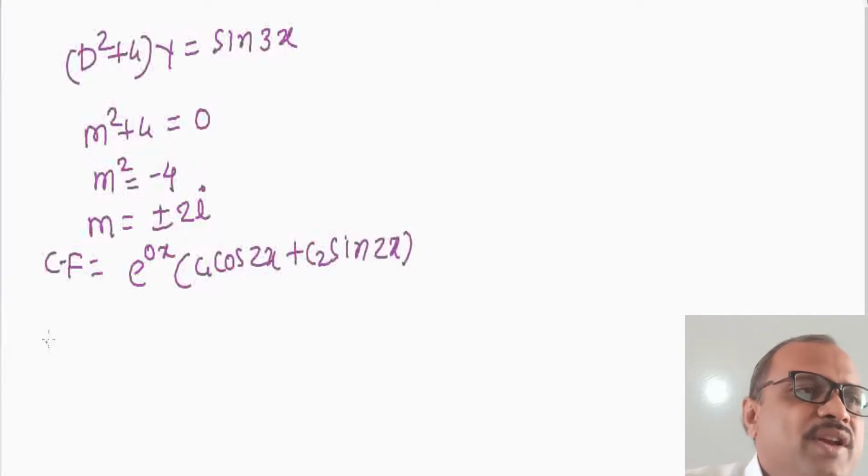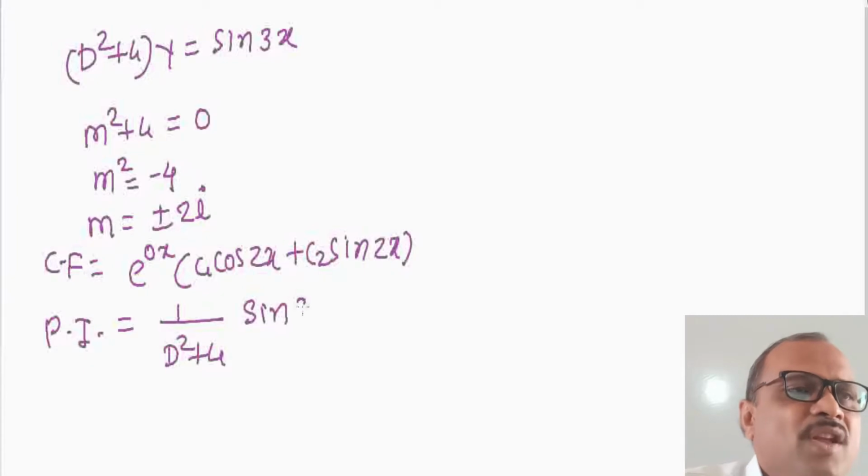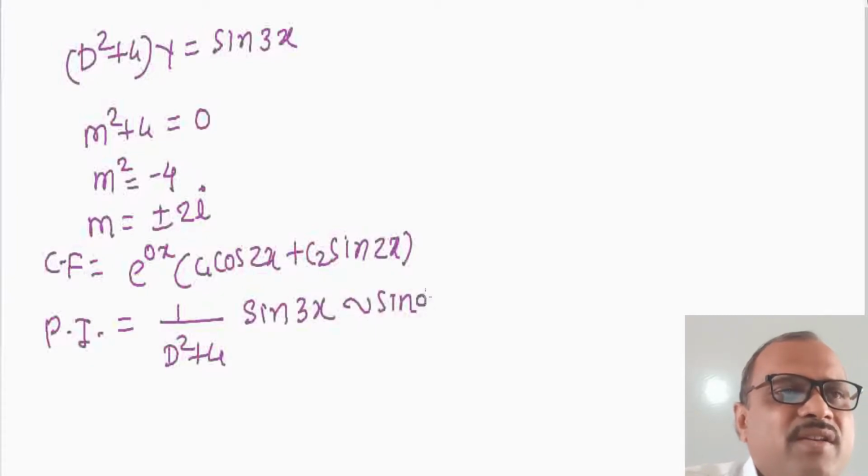Now the particular integral equals 1 divided by D square plus 4 operating on sine 3x. If we compare this with sine ax, what is a? a equals 3. Now we put D square equal to minus a square, that is minus 3 square, which is minus 9.